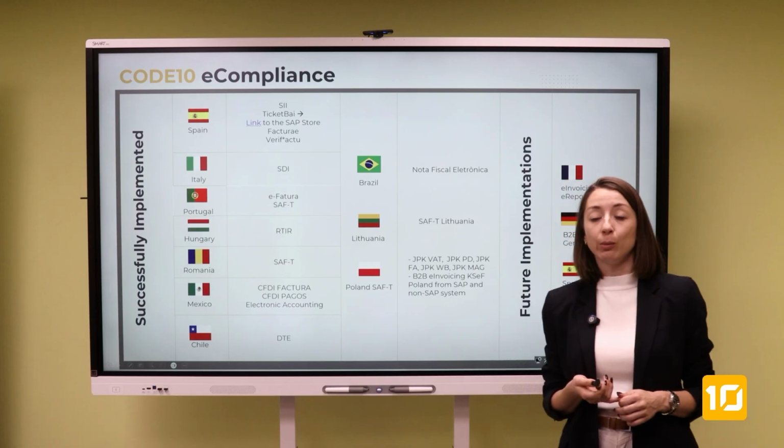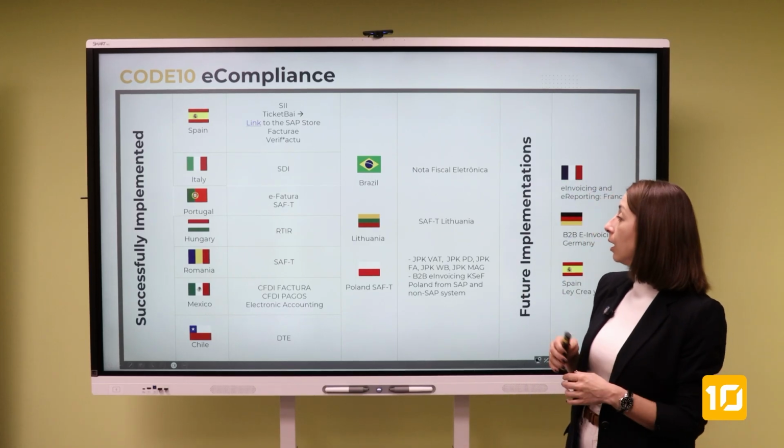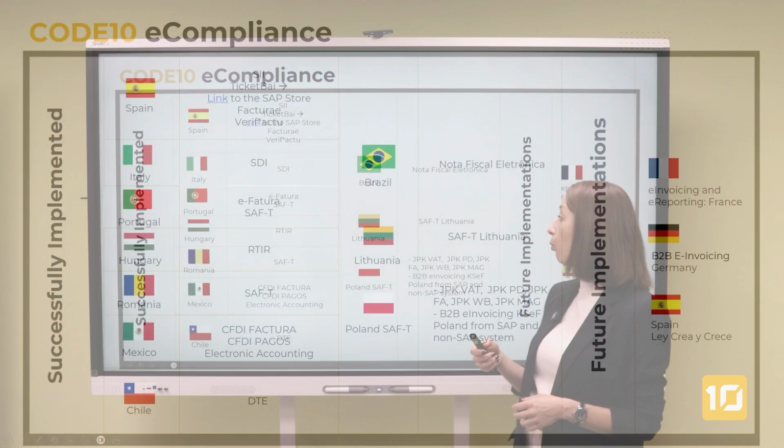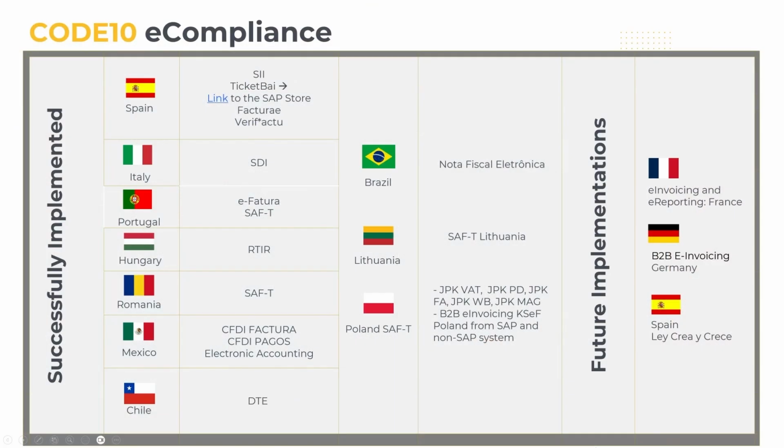And these implementations. This is our short portfolio of implementations that we've done. So we've gone through the whole world, different continents, different solutions, different legal requirements, both standard SAP and non-standard SAP. So we have our own products, and we have developed our own solutions for legal requirements where SAP has or has not provided a standard solution.